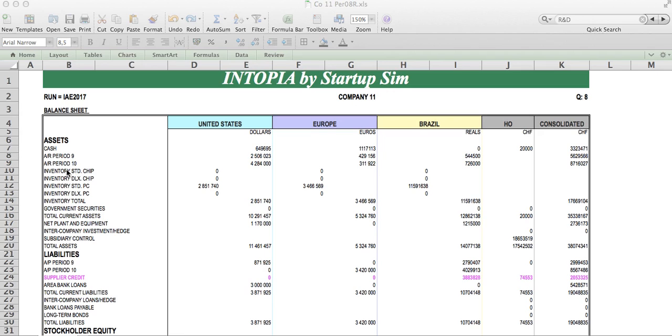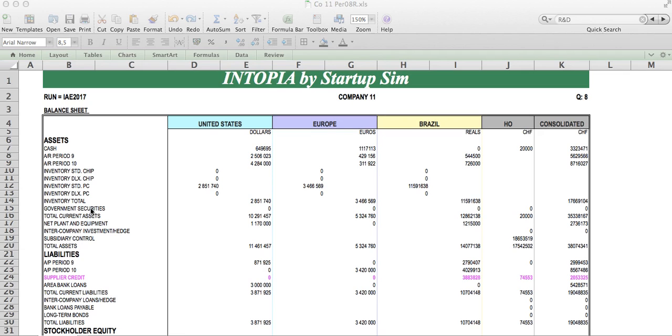Then come the inventory, the value of inventory, which is categorized by product and grade. Standard chip comes first, then deluxe chip, standard PC, and then deluxe PC. And then one particular line is the total, which is the total of all inventories broken down on the left column. Then comes government securities.